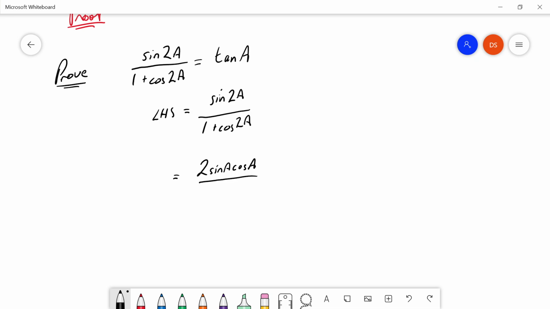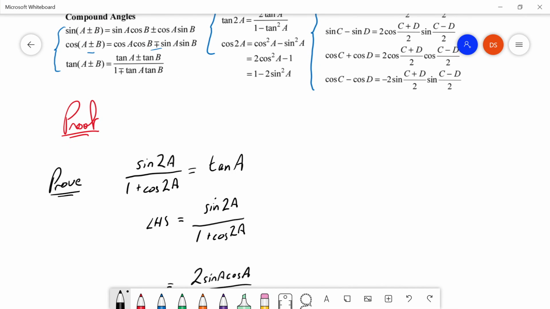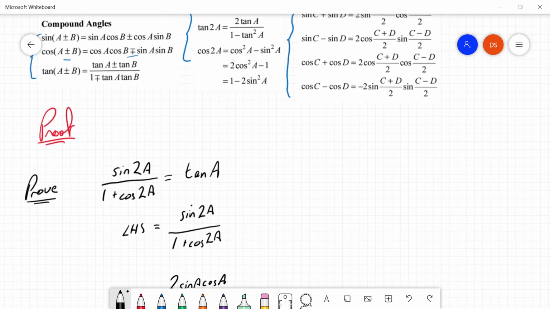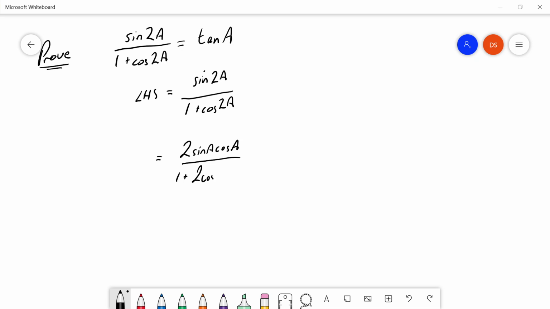And for the fun of it, I'm going to write the denominator as 1 plus, and cos 2a is also 2 cosine squared a minus 1. Okay? So watch what happens now. There's a plus 1 and a minus 1. They cancel. And so what I'm left with is 2 sine a cosine a over 2 cosine squared a.